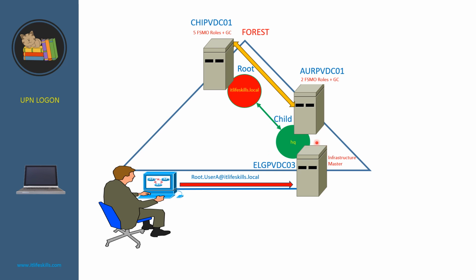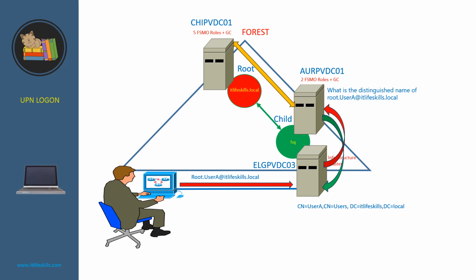So LHPVDC03 contacts the nearest global catalog server, which is LHPVDC01, to request the distinguished name of root.usera@itlifeskills.local. LHPVDC01 uses the user principal name attribute root.usera@itlifeskills.local to look up its distinguished name and returns this value to LHPVDC03.